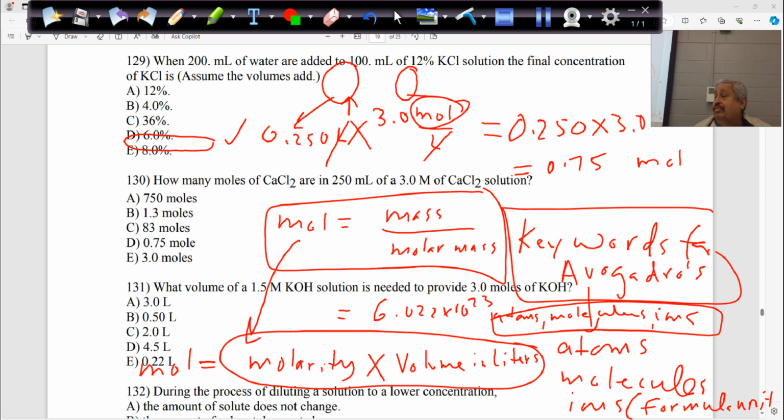So the mole is molarity, which is mole per liter by the way, multiplied by the volume in liters. Liter cancels out, you get moles. Okay, guys? So we have all these definitions of the mole. But remember, if I have atoms or molecules, then immediately I know I have to use Avogadro's number. Correct?